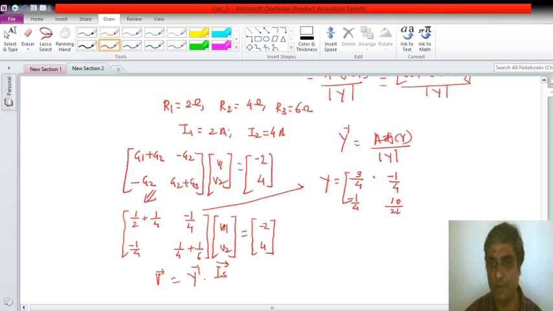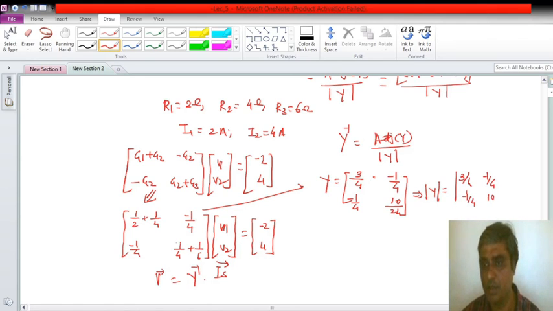And what is its determinant? Determinant will be 3 by 4 into 10 by 24 minus 1 by 4 into minus 1 by 4. So the resultant determinant is 24 by 96, which comes out to be 1 by 4.